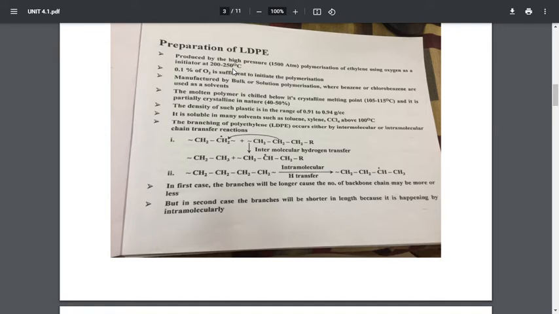Manufactured by bulk or suspension polymerization technique, where benzene or chlorobenzene are used as solvents. The molten polymer is chilled below its crystalline melting point, and it is partially crystalline in nature.